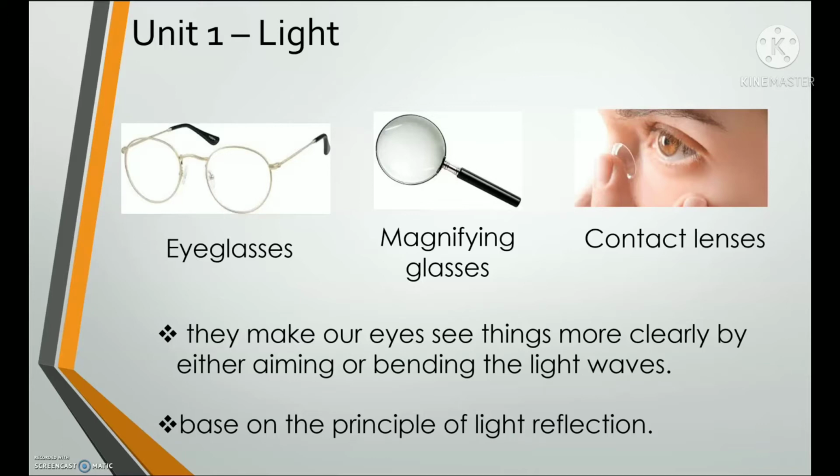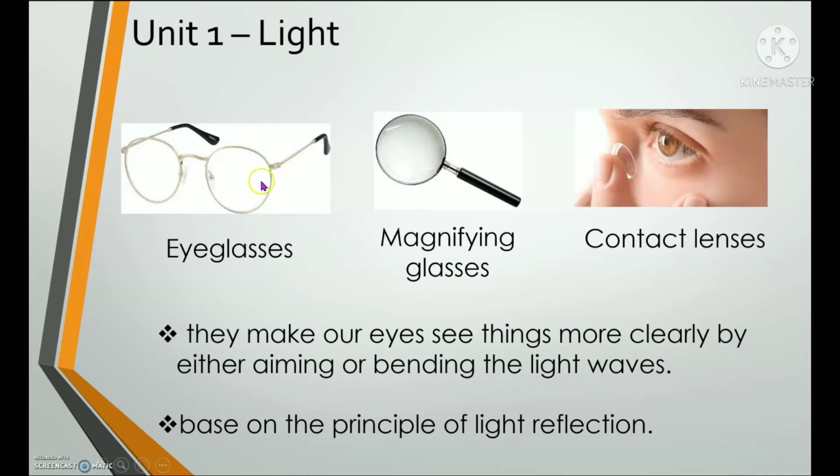Very good. So we know that we can see because of the light, right? So we are still following the rule about the light. It says that these transparent materials help our eyes see things more clearly by aiming or bending the light waves.